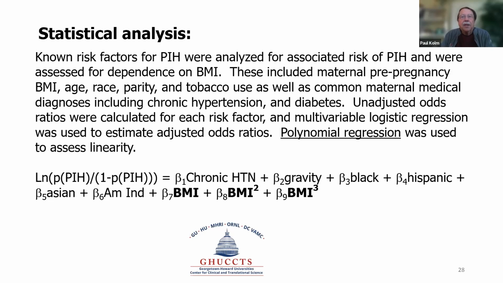And so this is the nonlinear part of our model here for BMI, where BMI is linear, BMI squared is the quadratic term, and BMI cubed is the cubic term. So we're going to look at BMI as being nonlinear in our model.